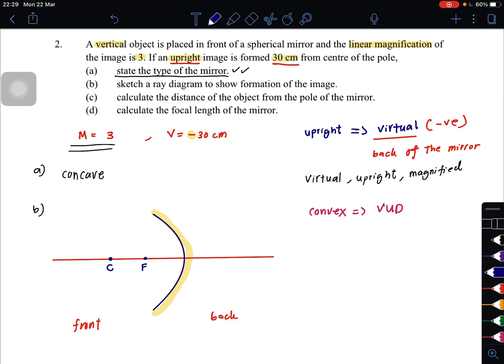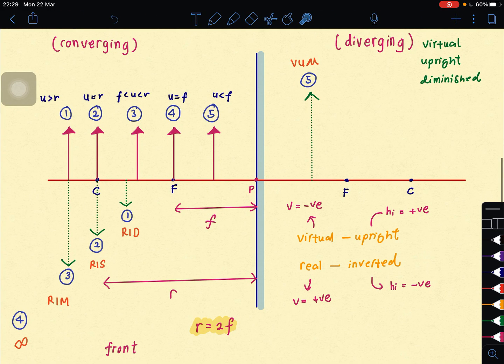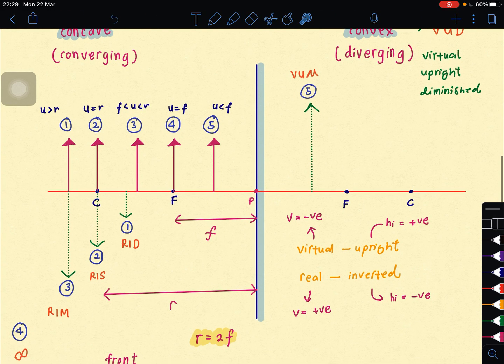Okay, so now properties kita tadi adalah virtual, upright and magnify. Okay, if we refer back to the notes here. So now we have VUM kan tadi. So kalau kita tengok kat sini, ni adalah image yang terbentuk. So dia bukan virtual, bukan dekat depan lah maksudnya. So we left with this one, which is VUM.